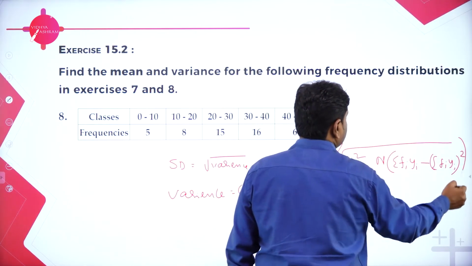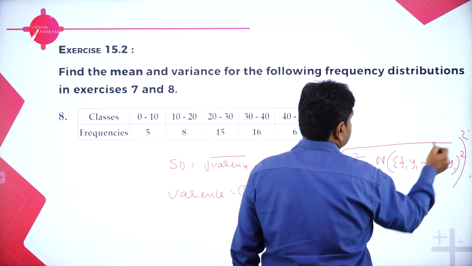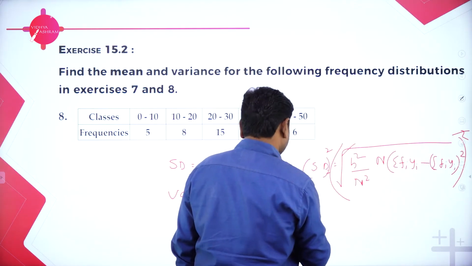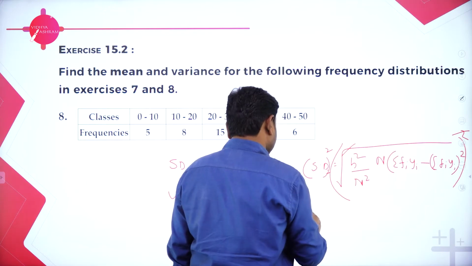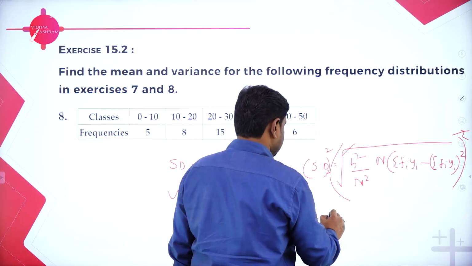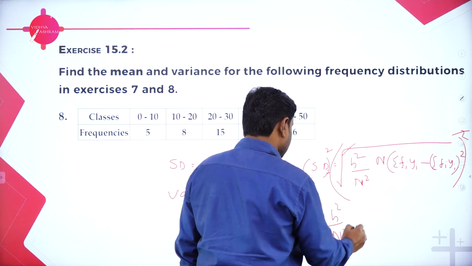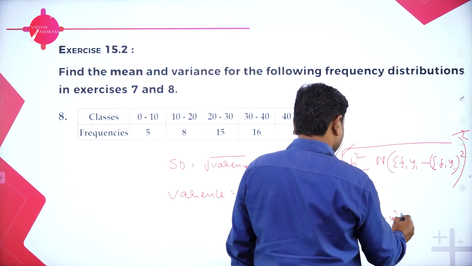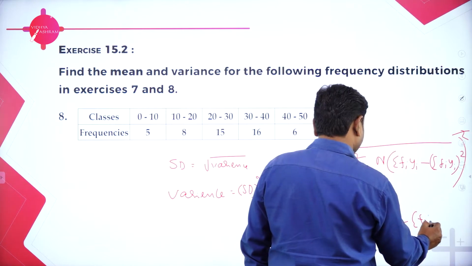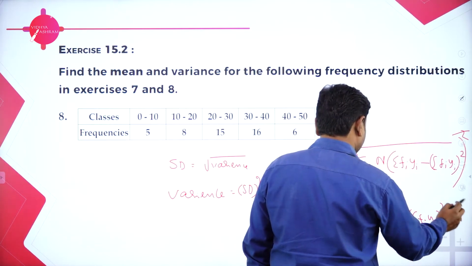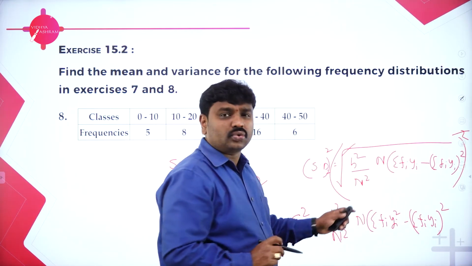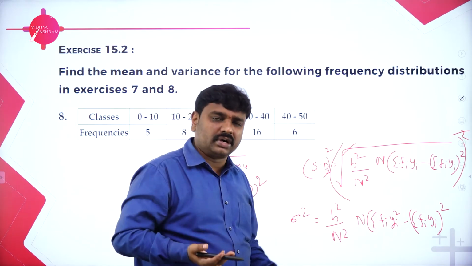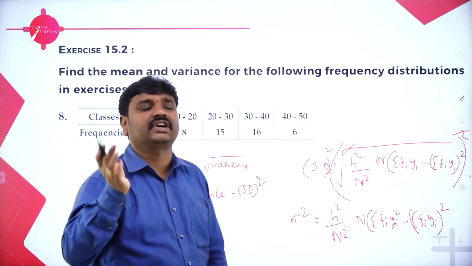When you square this, the square root cancels. So variance, sigma square, is h square by n square, n into sigma fi yi square minus sigma fi yi the whole square. So no root. If you put the root, it becomes standard deviation. Without the root, we call it variance. Variance is the square of standard deviation.